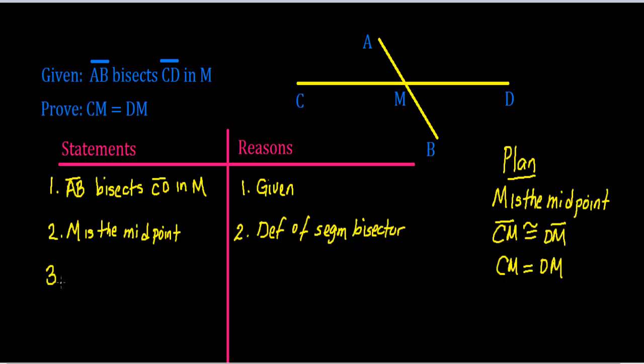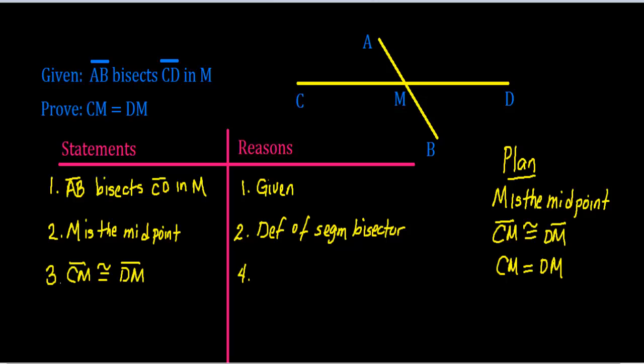For statement number 3, if I say M is the midpoint and I've provided proof on how I concluded that it's the midpoint, then I can also conclude that segment CM is congruent to segment DM. Why can I conclude this? Well, because if I state M is the midpoint, the definition of midpoint says that the midpoint is a point on the segment that divides the segment into two congruent parts.